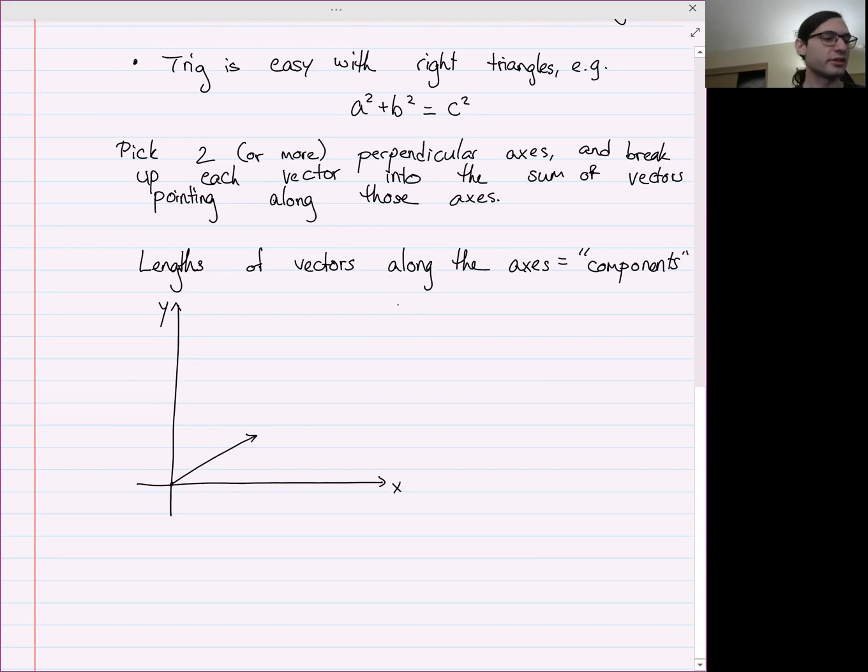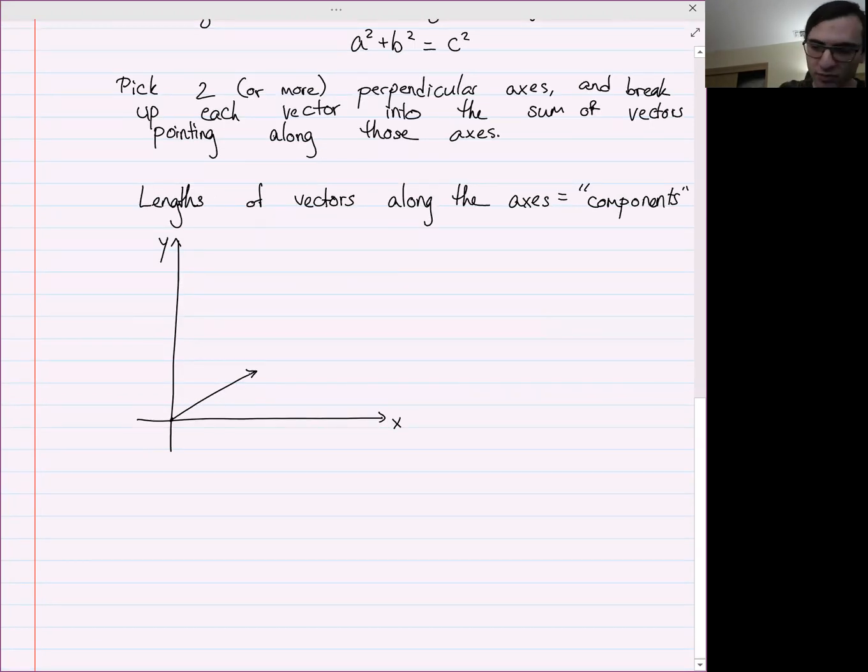So the point is that I could break down this vector into a vector that points up along the y-axis. Let me be a little bit more clear.